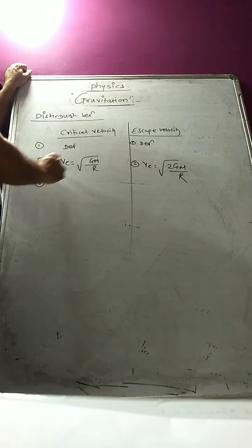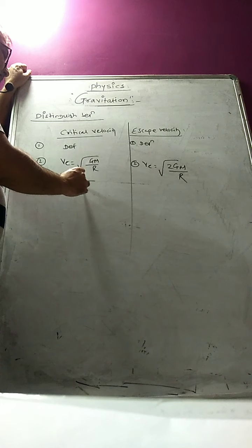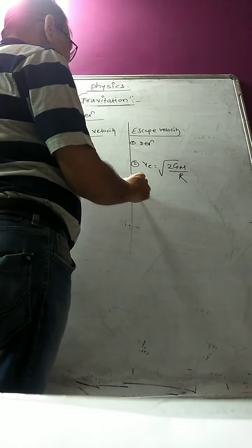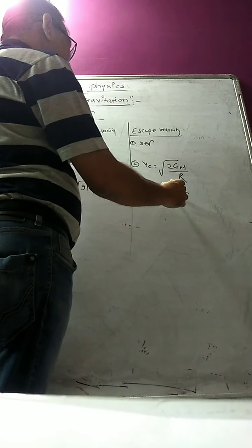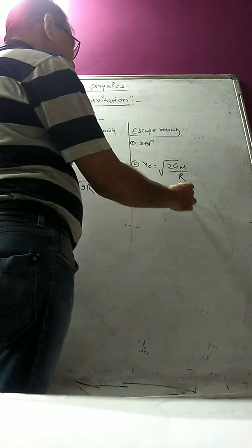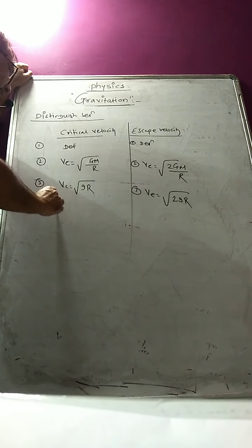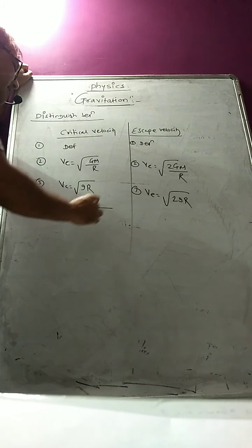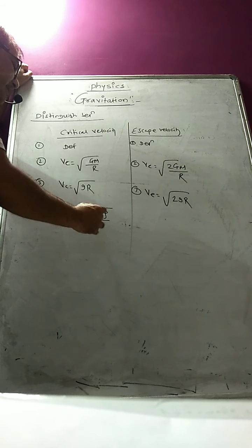So third formula, we want to find out critical velocity in terms of acceleration due to gravity, so that is under root of g into R. And here that escape velocity is given by the formula under root of 2 times g into R. In terms of the density, we have calculated critical velocity is equal to R under root of 4 pi G rho by 3.